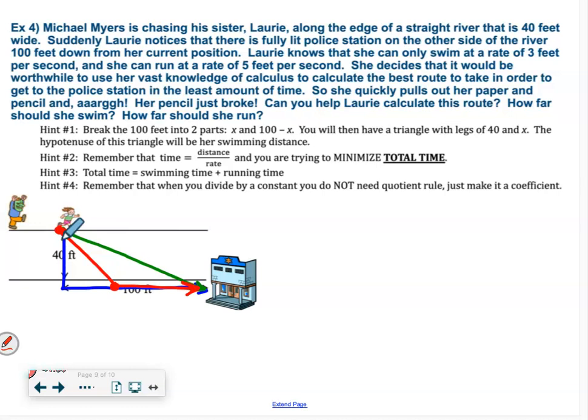All right, so we don't know which way is best. Lucky for us, we have some hints. Hint number 1 says break the 100 feet into 2 parts.